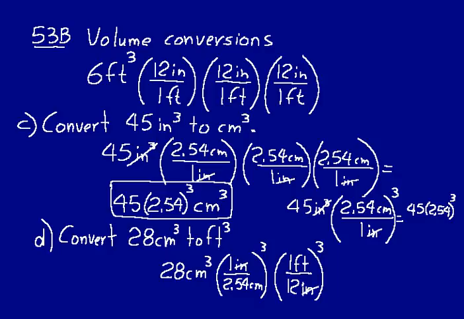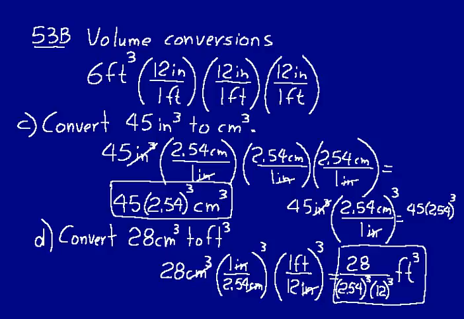Inches over inches, centimeters cubed over centimeters cubed, and then we'll simplify this down to 28 over 2.54 cubed. I'll put that in parentheses. 2.54 cubed, and then times 12 cubed. And the units are feet cubed. So there's our solution there.